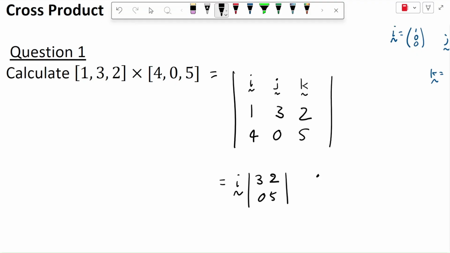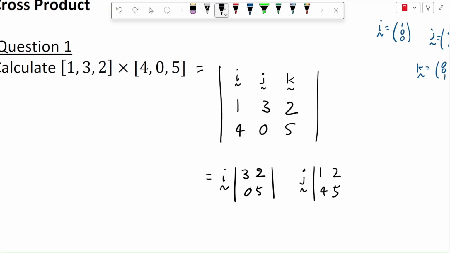Then our next bit is j, with the other determinant, 1, 2, 4, 5. Remember the method for that was picking j and then picking the two that aren't underneath j. Then it's k times the other one, k times 1, 3, 4, 0.